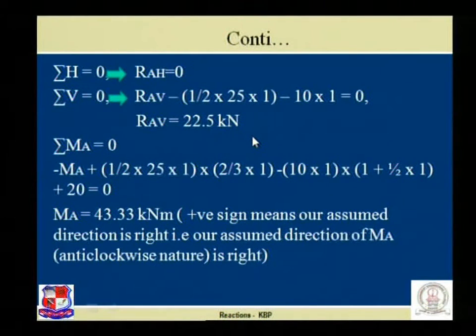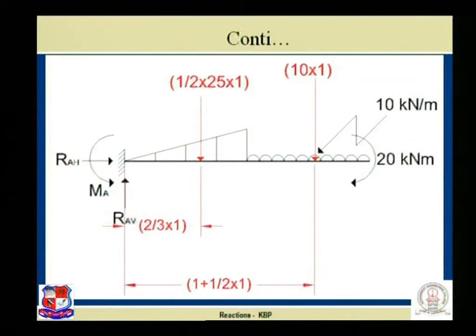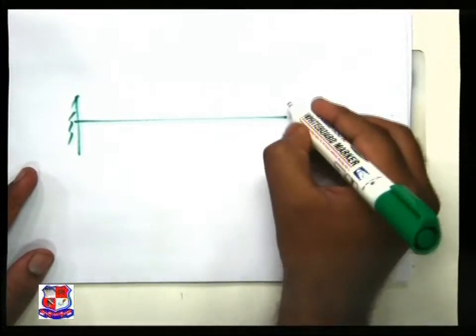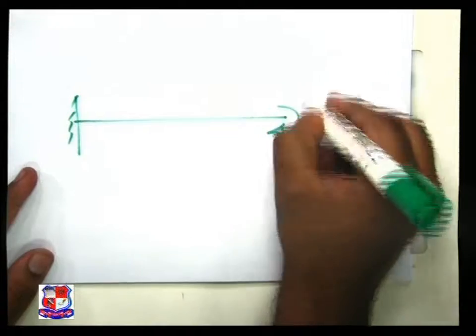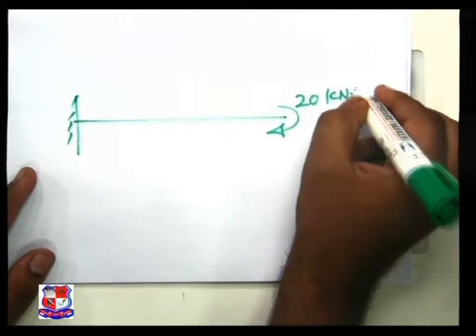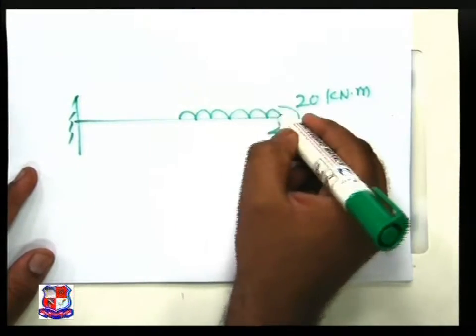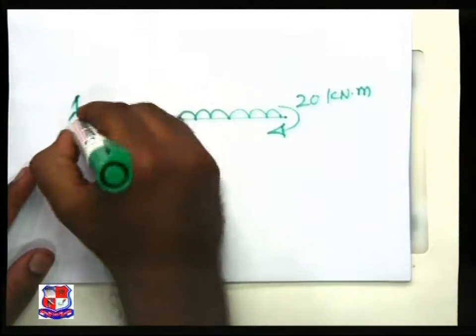Now let us take sigma MA equal to 0 to find out the moment at support A. See the figure. Let's solve over here. The concentrated moment acting over here is 20 kilonewton into meter. The UDL is acting, and this is the load which is acting.